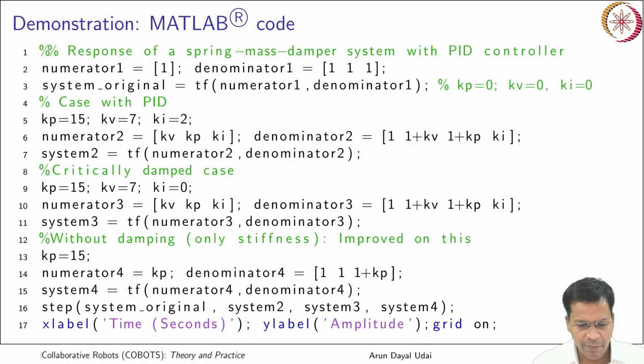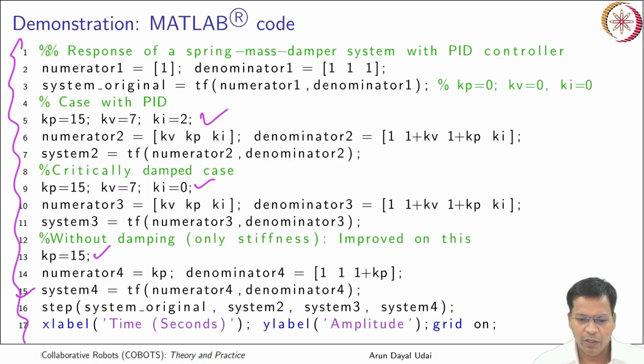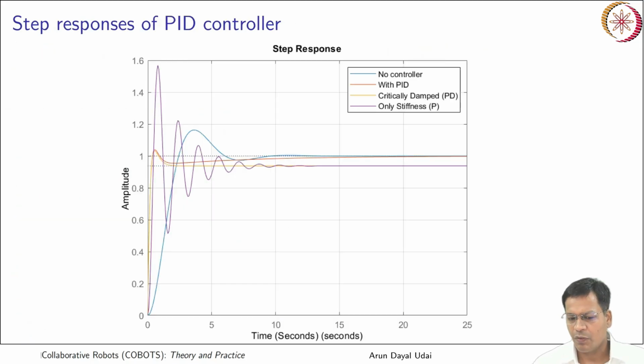How? I'll show you. I have done exactly similar stuff here. I have 4 systems defined with different gains like this, with my original system also defined over here. So this time the behavior is very much like this. So the critically damped one is PD1, only stiffness gave me oscillations.